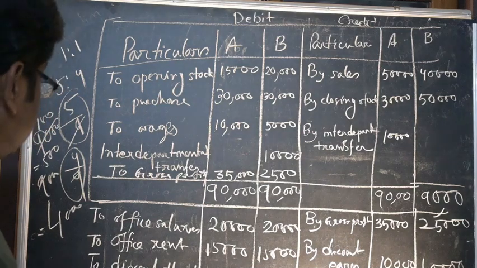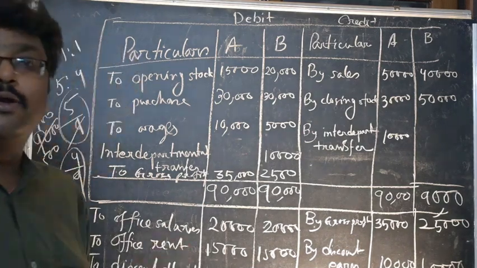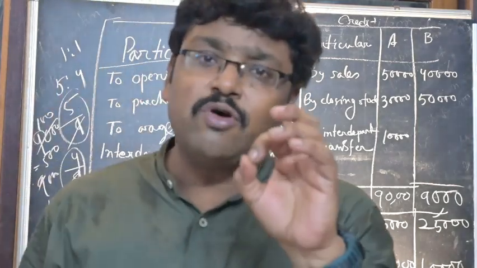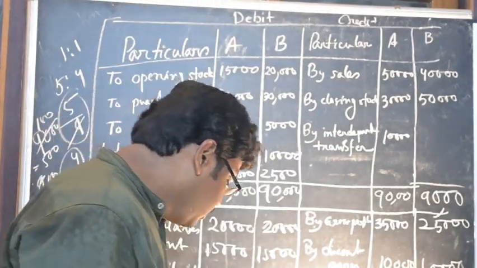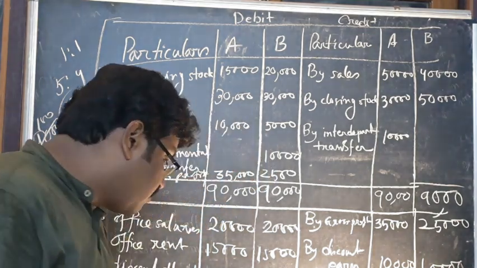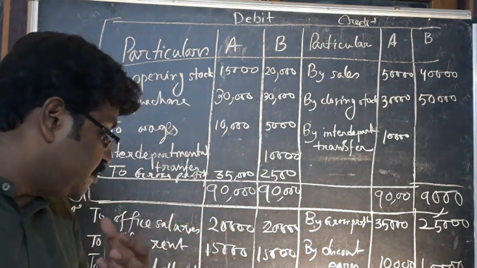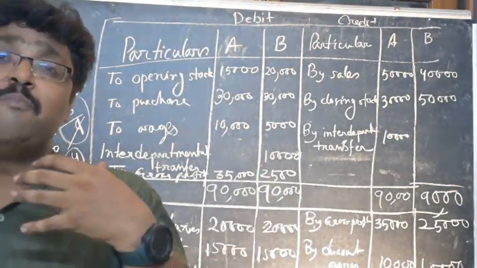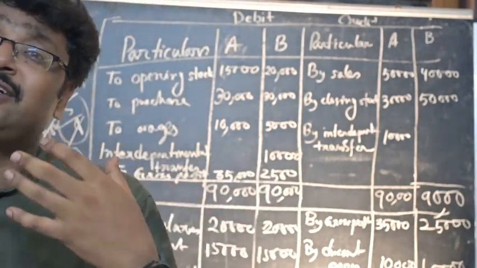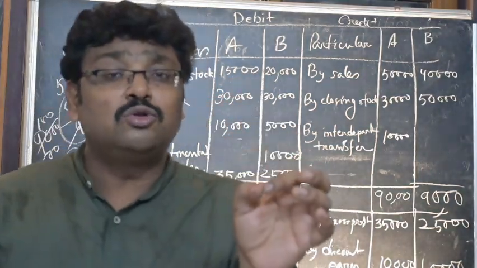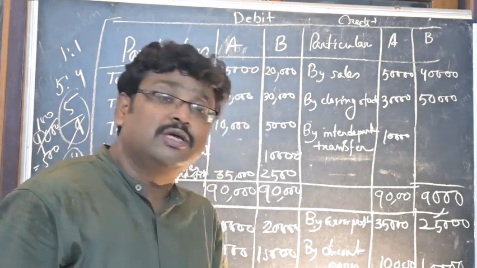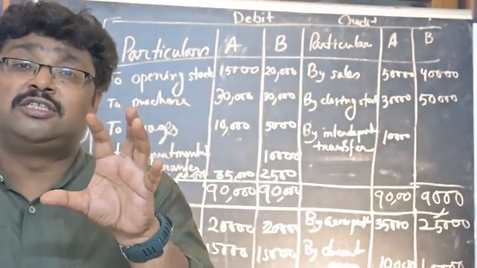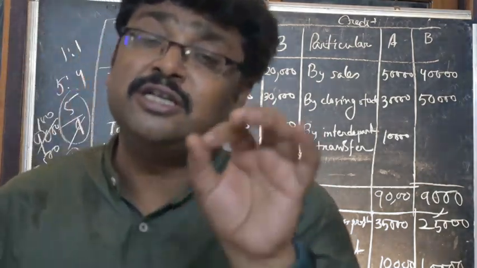Now there is another particular called depreciation. The information given is depreciation for furniture of 10,000 at 5%, and depreciation for machine of 60,000 at 10%. Furniture of 10,000 at 5% means 500 rupees, and 60,000 at 10% is 6,000.